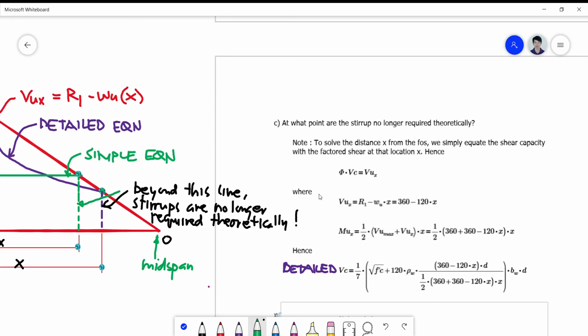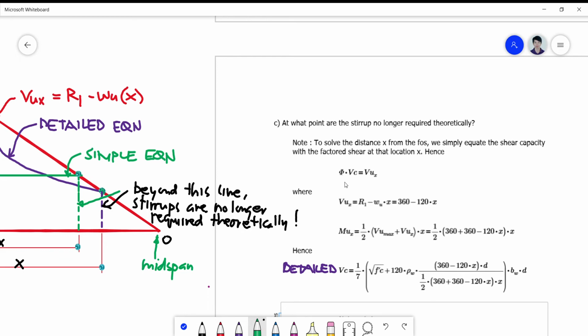Hence, if we do that, we simply get the detailed equation Vc, which is in this form, and then equate it. Of course, we have to multiply this later with phi.